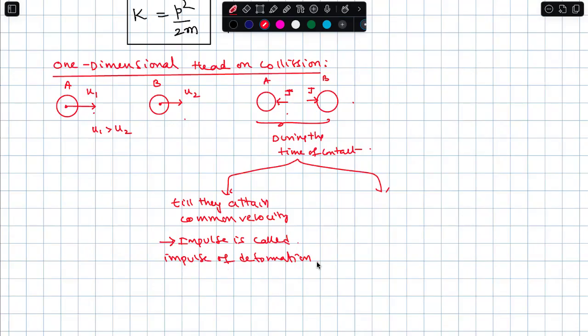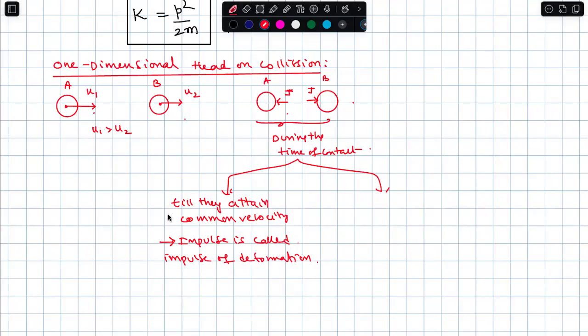Whereas thereafter, whatever impulse you see, that is called impulse of reformation. So you see two things here. Impulse of deformation, impulse of reformation. Here you are seeing the deformation period.